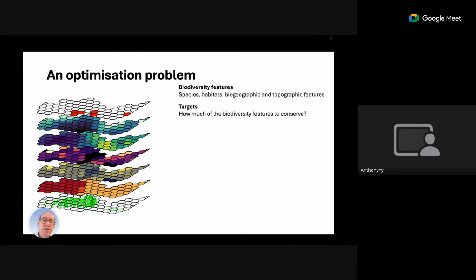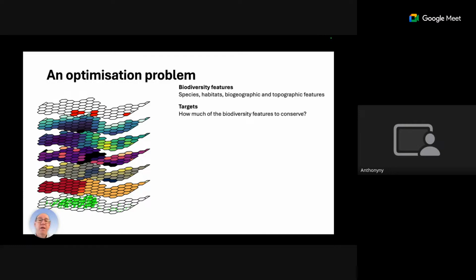These have targets, and this target's normally a percentage of their area. So if we've got a species distribution model or a habitat model, a map of where coral reefs are in Queensland, then we can use the area of the corals or the area of different species of corals or of different fish to say, all right, we want to conserve 20% or 30% of all of the area of each of those species or habitats.